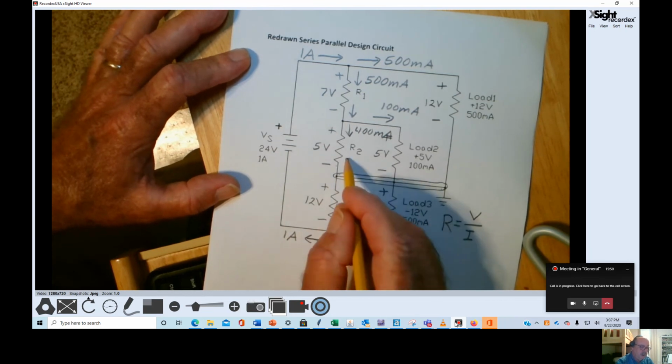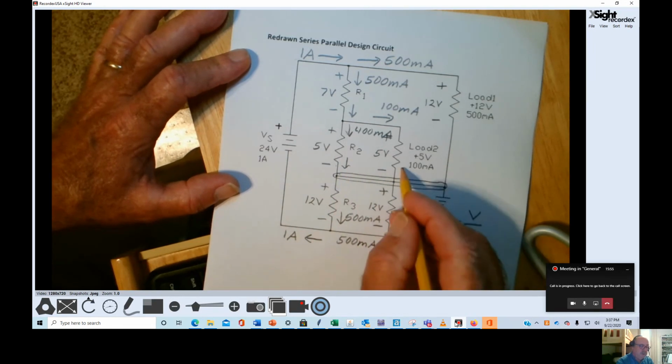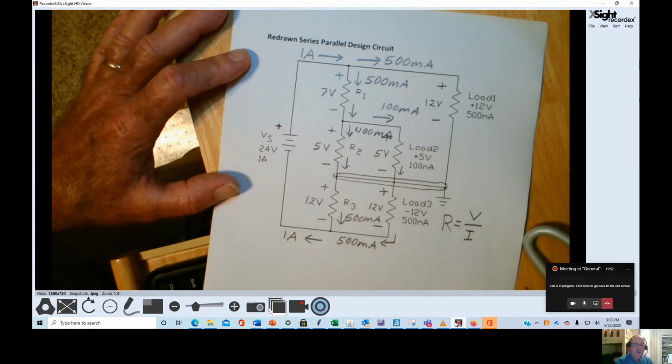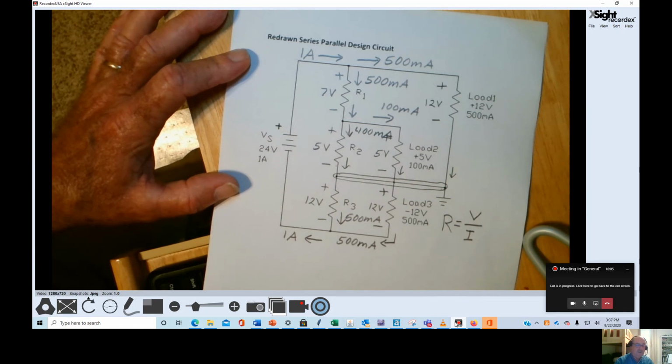And we know flowing down through R2 is 400 milliamps. Flowing down through load 2 is 100 milliamps. So flowing down through load 1 is 500 milliamps. So flowing into this common point, this node, we have 1 amp of current. So I have to have 1 amp of current leaving that node. 500 milliamps flow through load 3, 500 milliamps flow through R3.